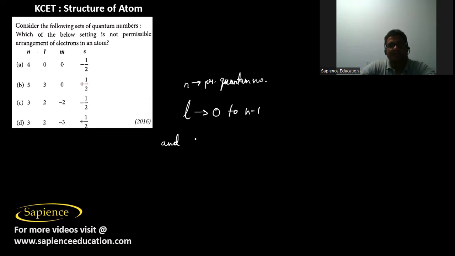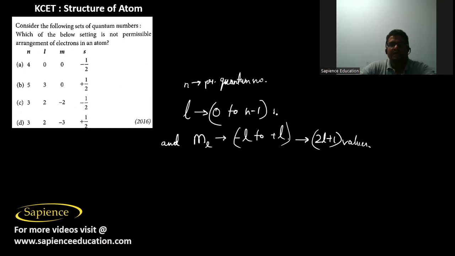And the value of ml, the magnetic quantum number, should go from minus L to plus L. So there will be 2L plus 1 values of ml, and for L, there will be n such values.